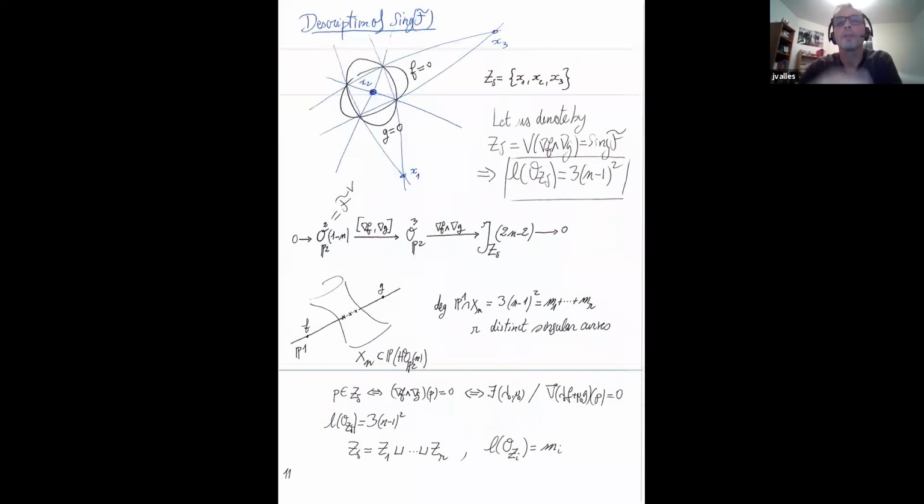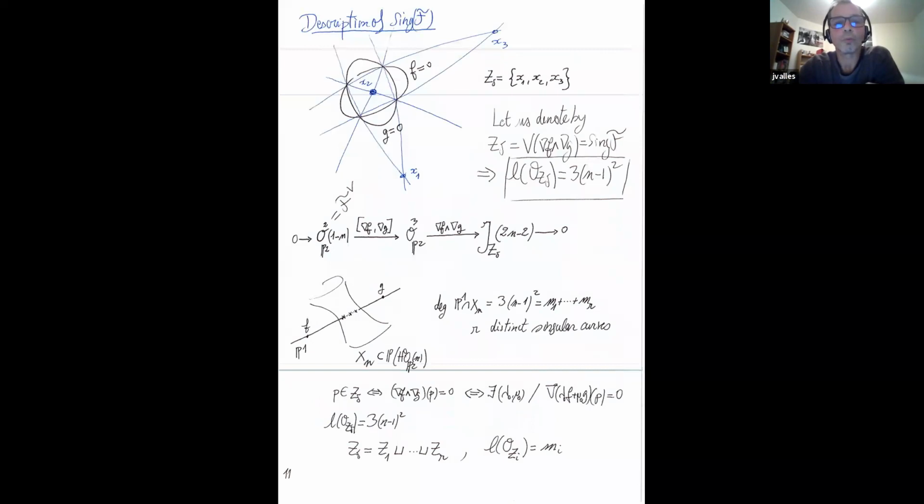So let me describe a simple case. For instance, in a pencil of conics, the singular locus of F will be given by the three vertices of the three singular members of the curves in the pencil.